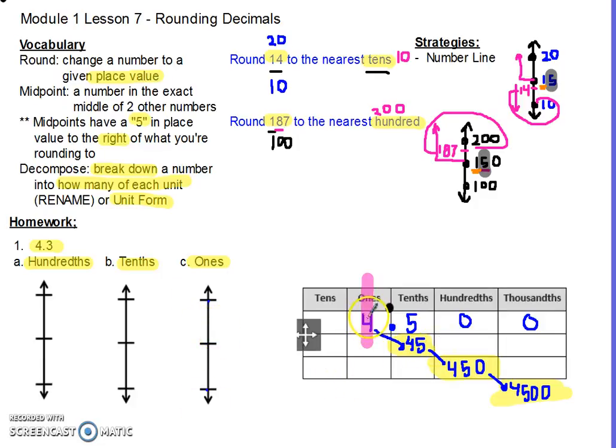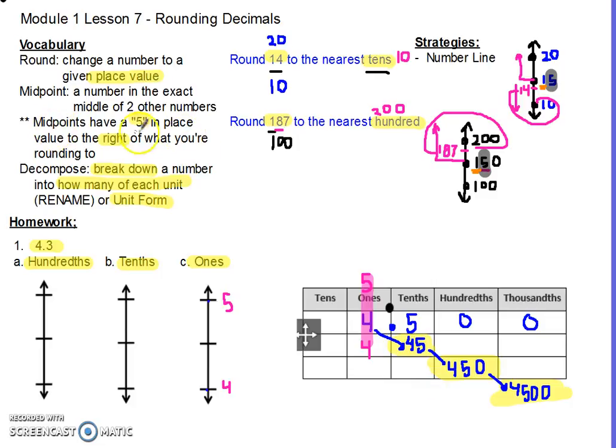So if I'm looking at 4, the number that is below 4.5 on the number line is 4. It's that same number in 4.5. And then I ask myself, what's the ones that's right above that 4 on the number line? And it's a 5.